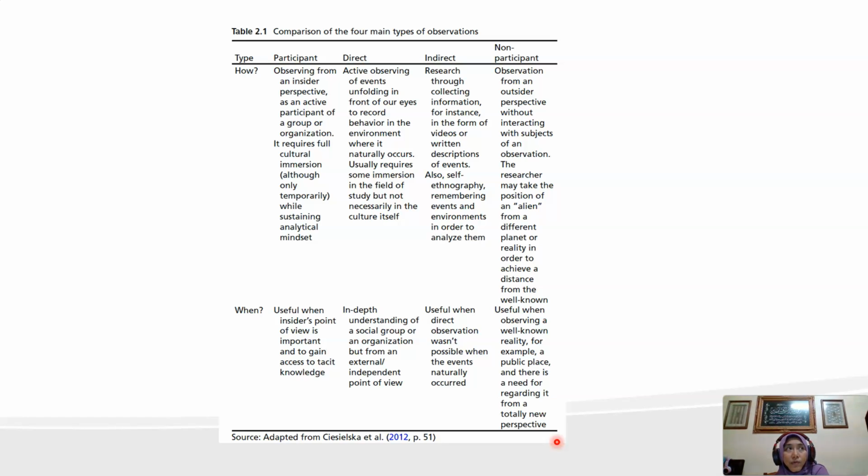Let's say you want to know about expert opinion, or you want to study how children become geniuses and study their characteristics, so you want participant involvement. You want to interview the participant, and direct gives in-depth understanding of a social group. Indirect is useful when direct observation is not possible, as it is almost similar to non-participant.